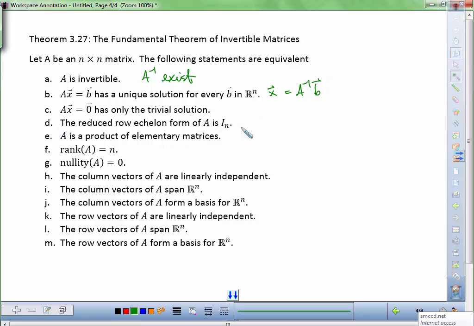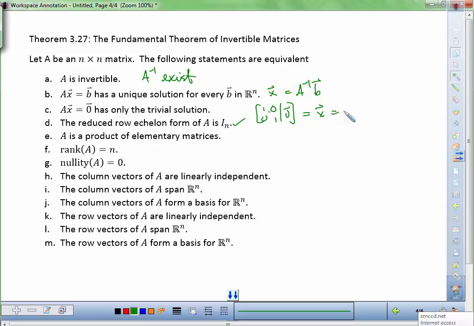Let's go to D over here. If it's invertible, then this whole thing will reduce down to the identity matrix if you do a reduced row echelon all the way. So if you reduce to an identity matrix and then you augment it with a 0 vector, then your solution's all going to be 0.